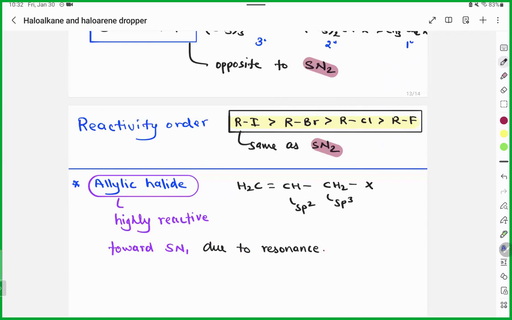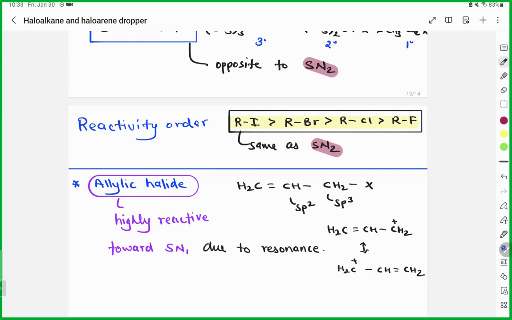Due to resonance. Any doubt? And how do we know? If you remove the halogen, you will form a carbocation. This carbocation can easily show a resonating structure like this: CH2 positive, CH double bond, CH2. Got it, guys?